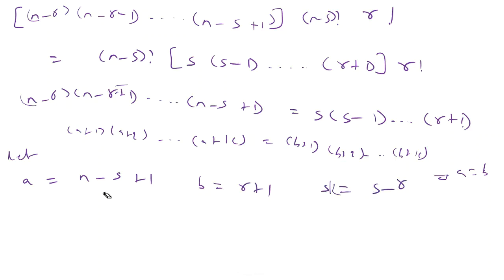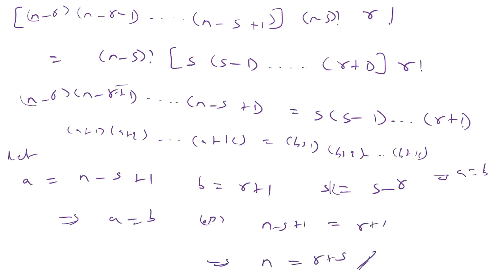So you assume a is equal to this one, b is equal to this one, and k is equal to this one, and apply here. Then you will get the previous result. So this implies a is equal to b, or n minus s plus 1 is equal to r plus 1. This implies n is equal to r plus s.